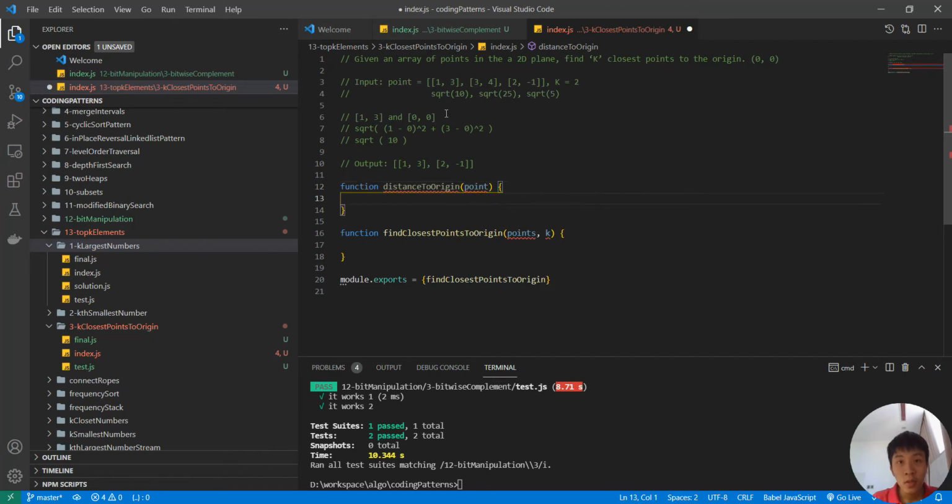The point will be in the form of an array where the first element is the x coordinate and the second is the y coordinate. Let's implement it later. So kClosest, points, origin.